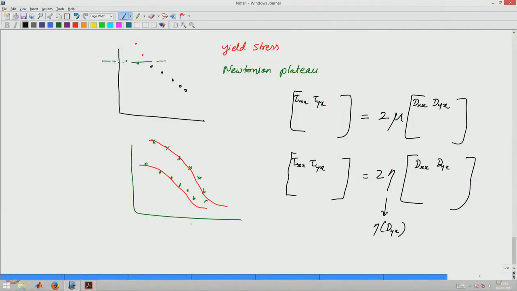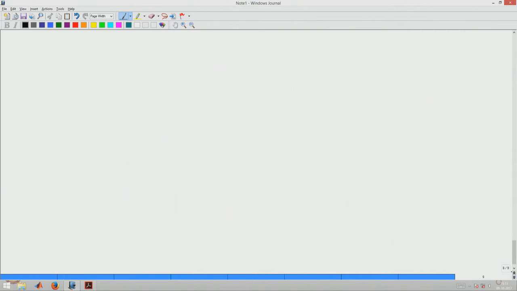Okay. So, if you remember, for the stress relaxation experiment for the Maxwell model, we had got that tau yx as a function of time will be gamma naught yx, which was applied on the material, times e to the power minus t by lambda. This is the exponential decay.